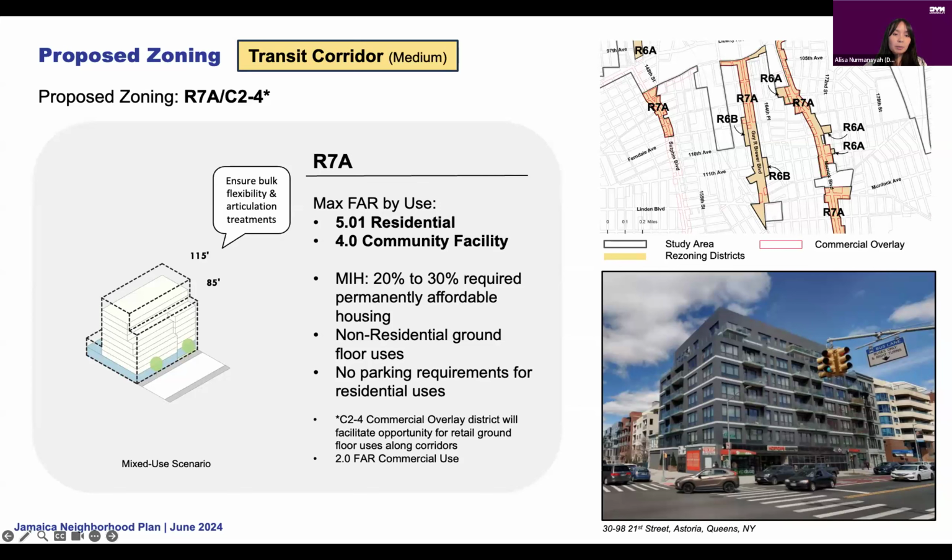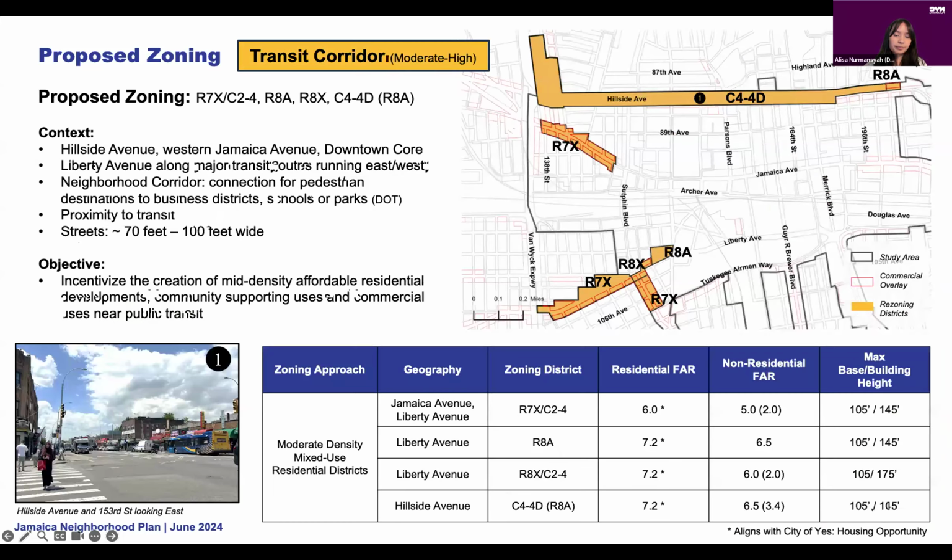These developments are built near the street line to help match with other older buildings in the neighborhood. They're also required to provide street trees, which we've heard from many is a need in this area. Overall, R7A districts are designed to work well with wide streets, like our avenues in this corridor, making the buildings feel proportional to the neighborhood.